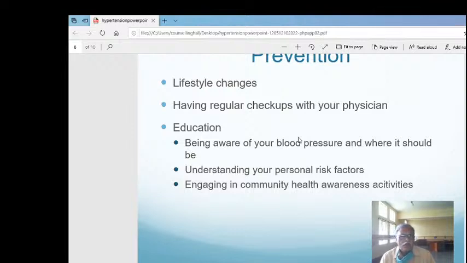Then start walking. Isometric exercises are of great help, like walking, cycling, swimming, and having regular checkups with your physician.